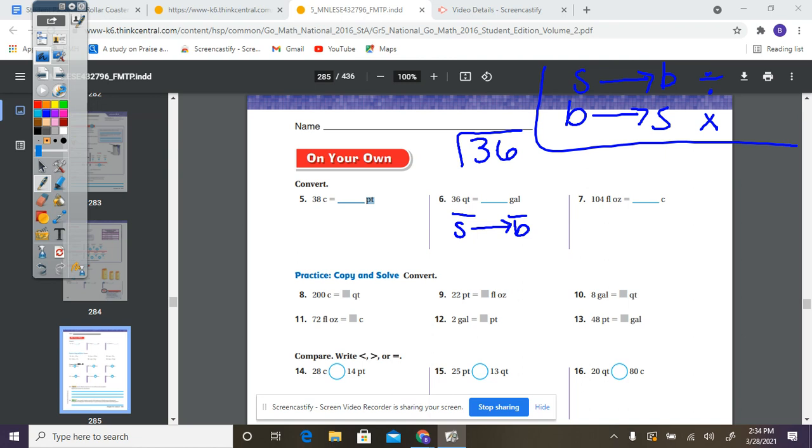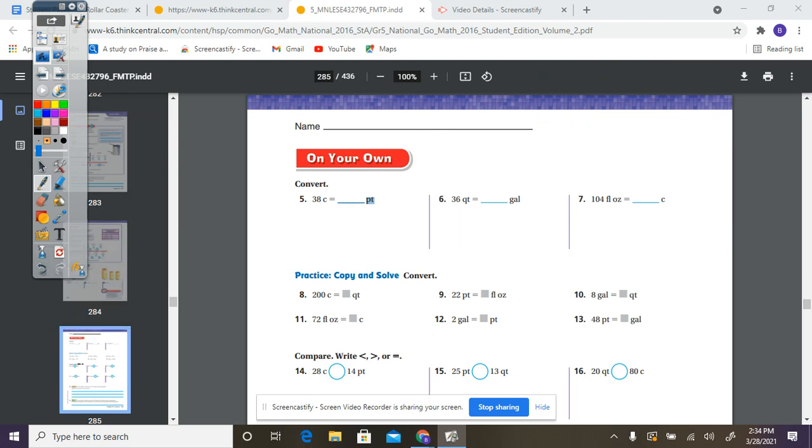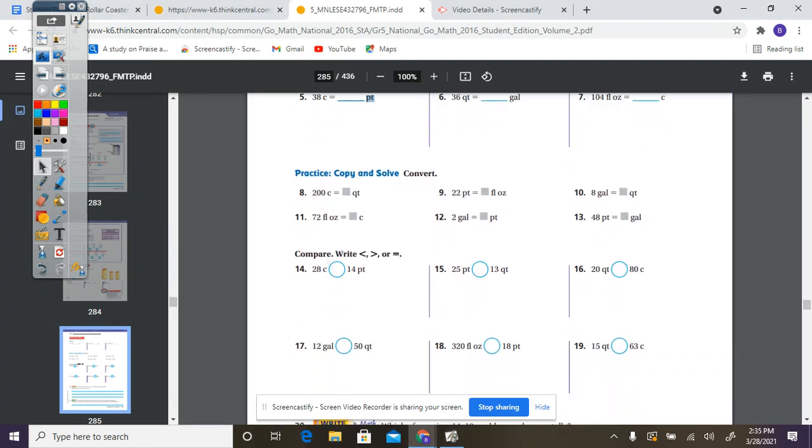There's 4 quarts in 1 gallon, so I'm dividing by 4. And this is a multiplication fact you should know. 4 goes into 36 how many times? 9 times. We need to know 9 times 4 is 36. Okay? We're going to move along to the bottom. Oh, seems like I do that every video, huh?